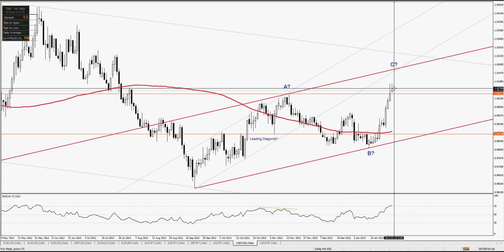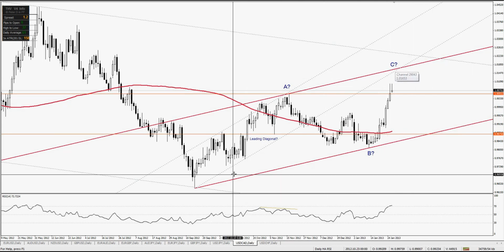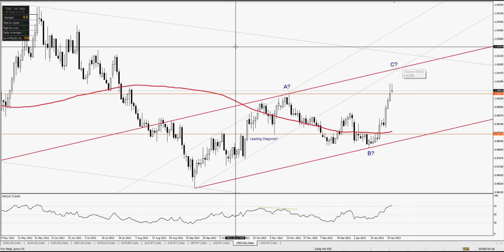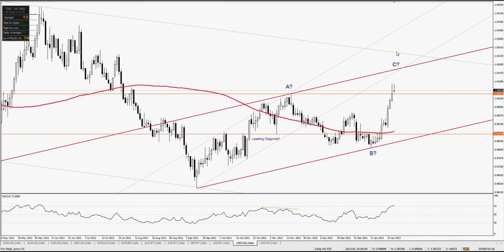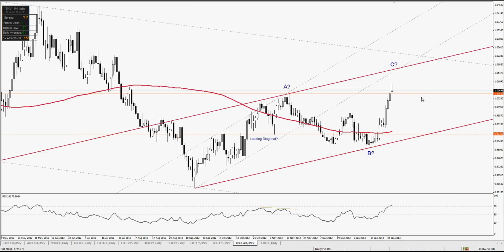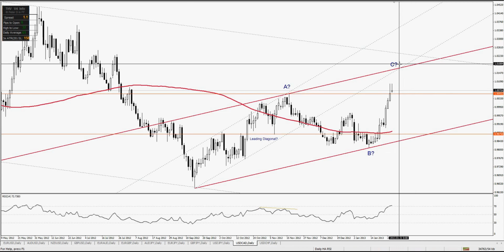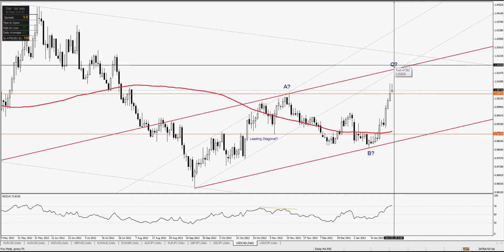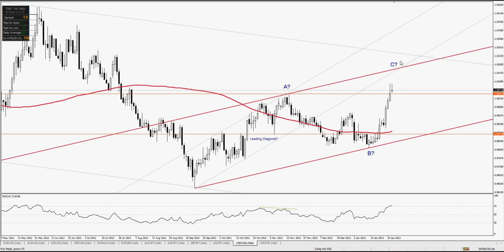We have the channel top here, this broken channel here that could be retested, and a trend line here on the weekly. All those things should act as some resistance. And I don't know if this is 1, 2. If we get above here and close, we could look at maybe a 3 instead of C. Otherwise, I'd be looking at A, B, C: for A, look for a B, then a C up.